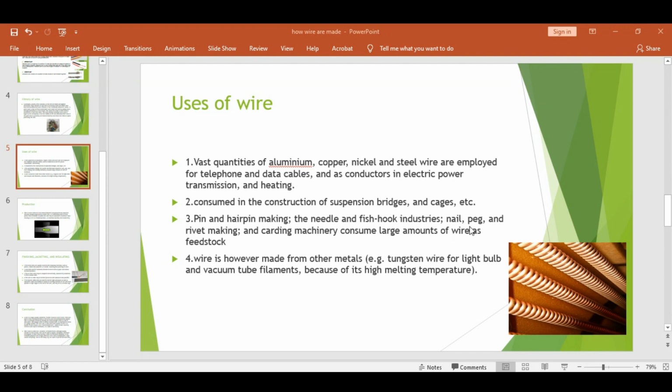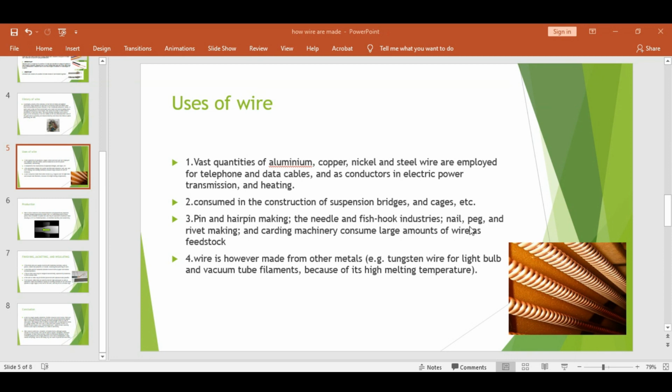Pin and hairpin making, the needle and fish hook industry, nail and rivet making, and carding mechanically consume large amounts of wire. By careful treatment, extremely thin wire can be produced.